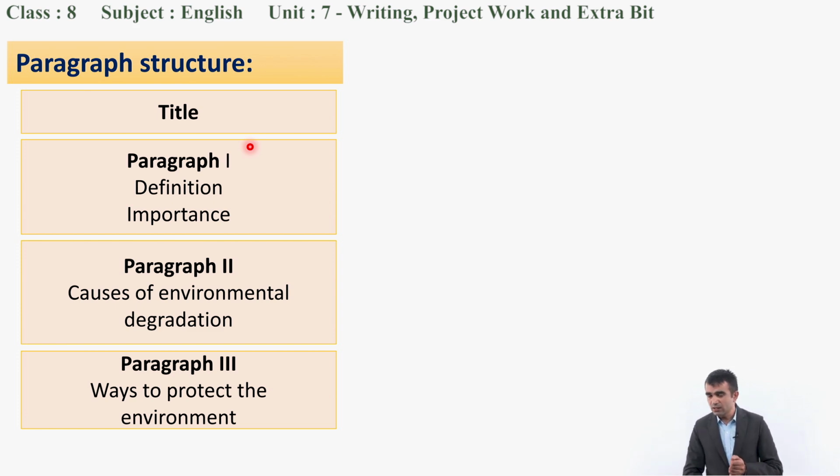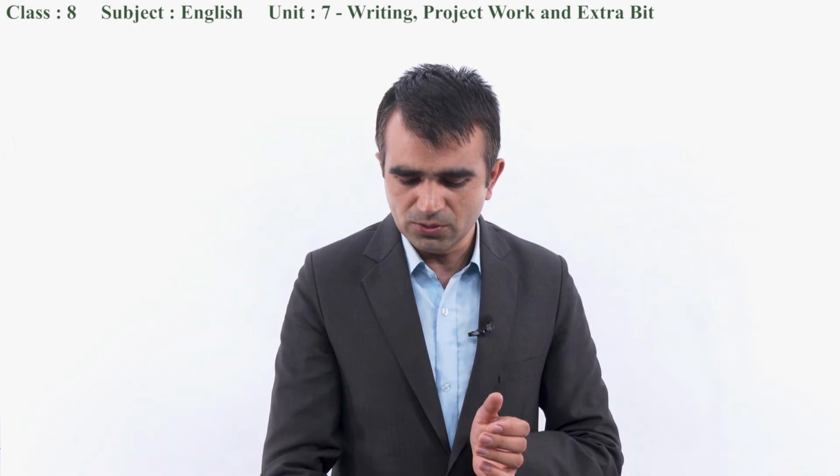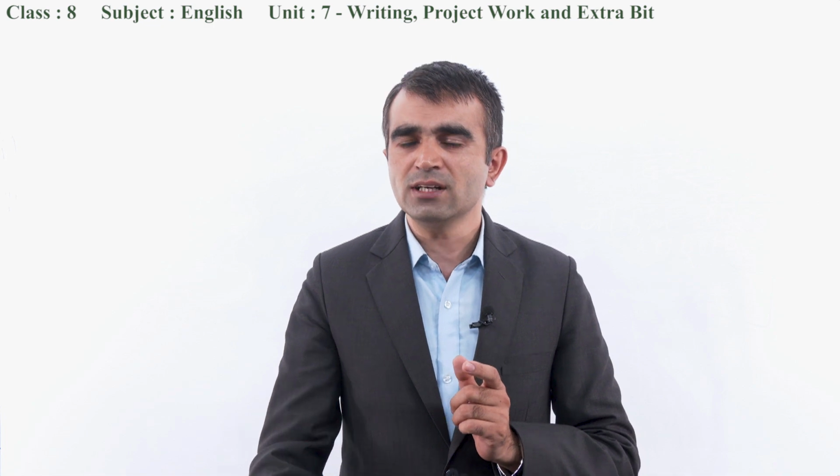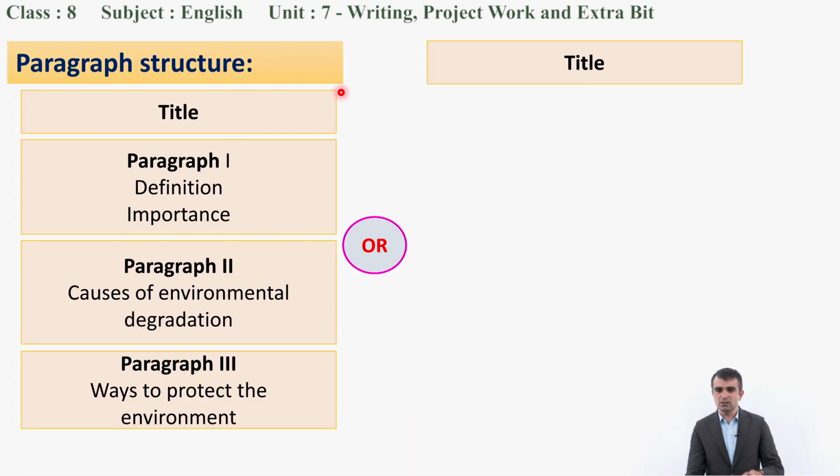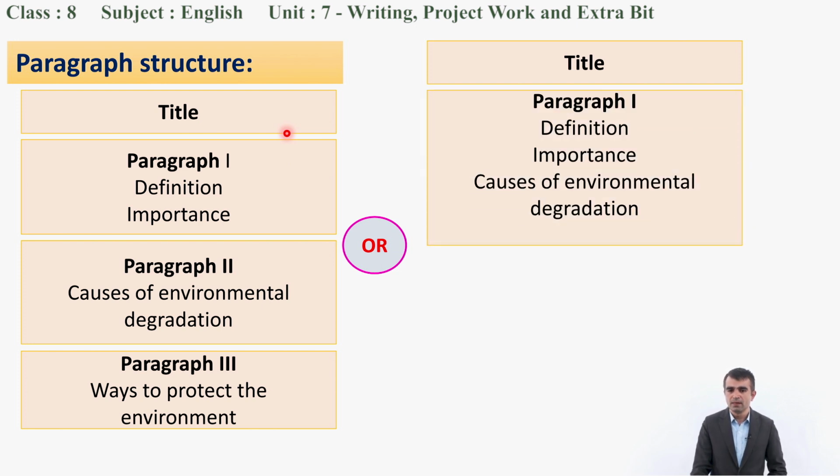But in your question, a couple of paragraphs is given, isn't it? So you can follow another structure for that. As you read the topic, it suggests that you should structure into 3 paragraphs, but a couple of paragraphs is required, so you can write the title on the top, and in paragraph 1, you can write definition, importance and causes of environmental degradation. 3 things you can include in the first paragraph.